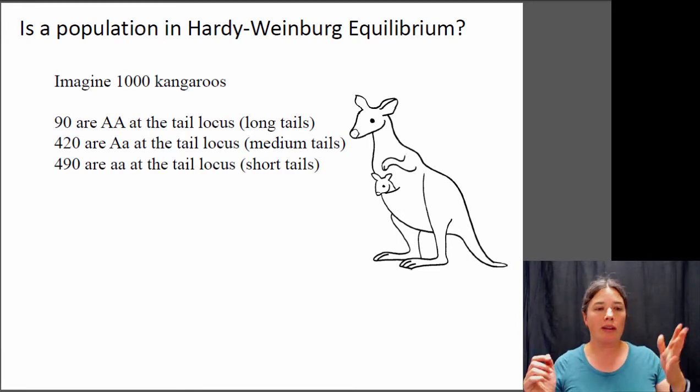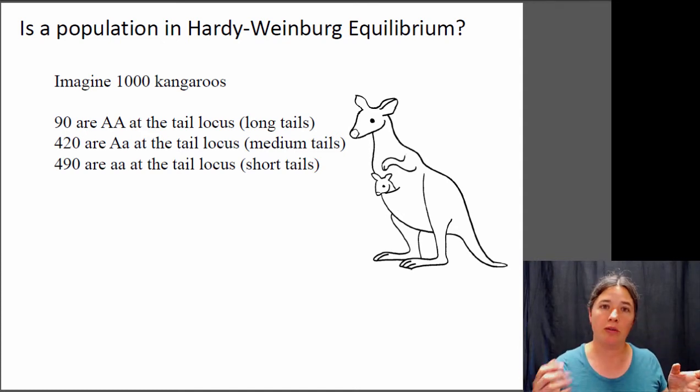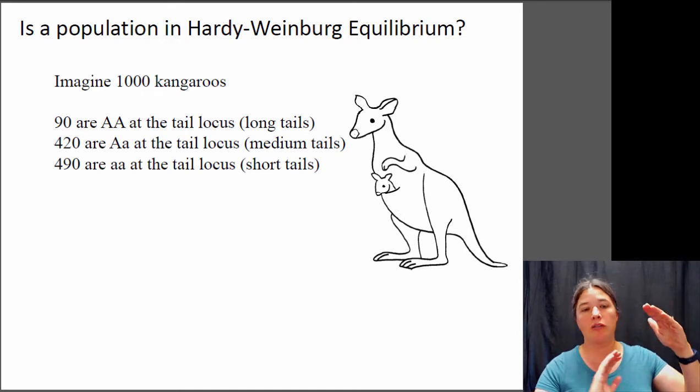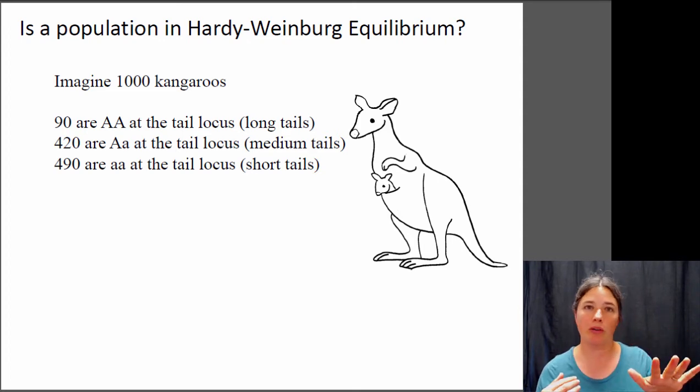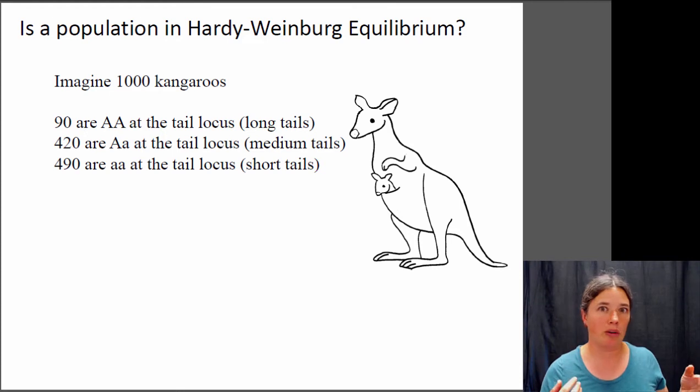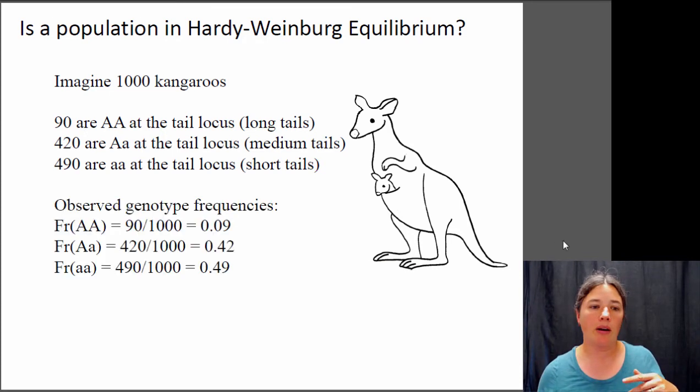So in this case, if there are 90 long-tailed kangaroos out of 1,000 kangaroos total, you simply take 90 and divide it by 1,000. Same thing goes for the heterozygotes: there's 420 of them, divide that by 1,000. Same thing for the homozygotes, 490 of them, divide that by 1,000. So here are our observed genotype frequencies. This is what we actually see in the population.